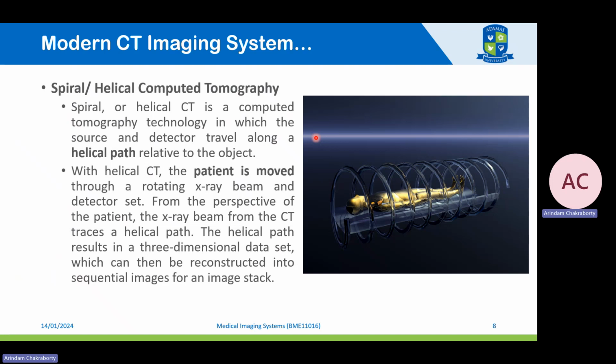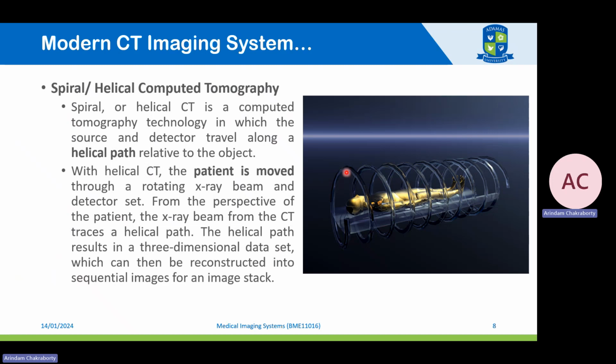So with helical CT, the basic concept is that apart from the source and the detector array rotating, the patient is also being moved through the rotating X-ray beam and the detector set.